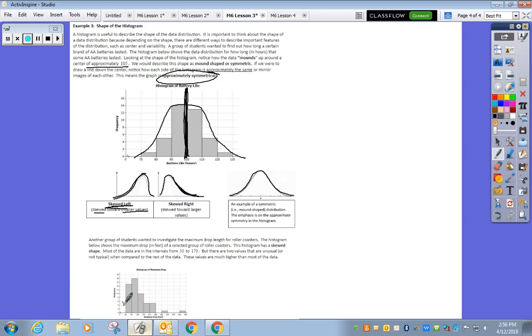So if we were to draw our little mound, we start here, and we can go like that. So you'll see it's shaped like this. If you look up here, it's similar to what we're seeing here. So this would be skewed right. Okay, so it would be a good idea to get to know these shapes so you can determine which shape your histogram has.